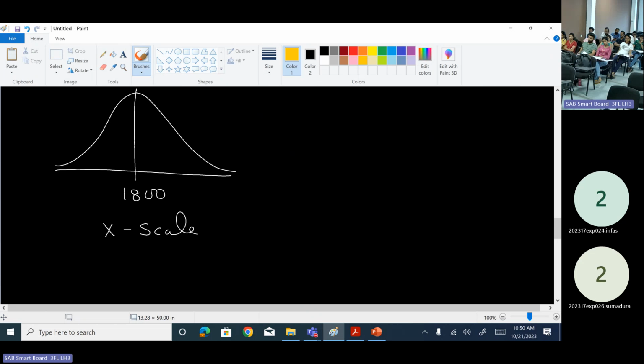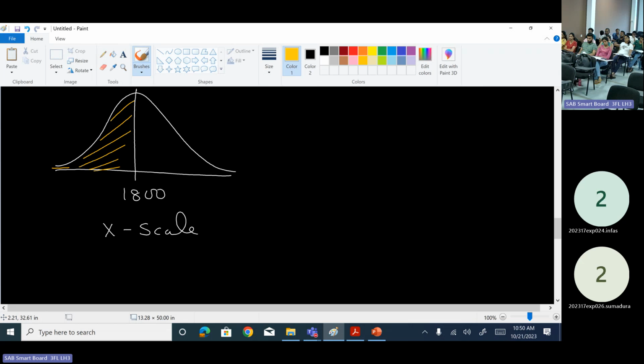Then any bulb that fuses before 1008, I have to replace free of charge. I have to cover that whole area, which is 0.5. Percentage wise, 50%. That means with 1008, I have to replace 50% of the bulbs free of charge.